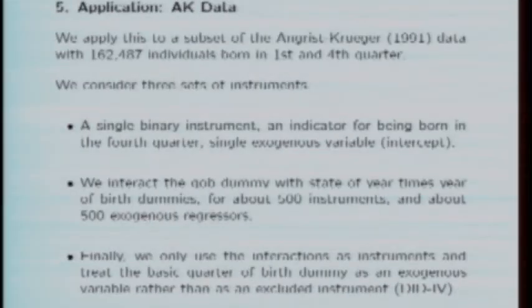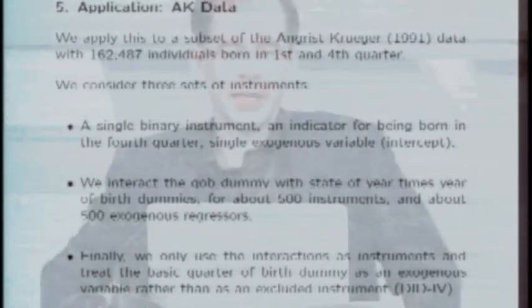Let me then finish up by looking at what this does in the Angrist-Krueger data set. So here we take a subset of this data with people born in the first and fourth quarter, and we look at 3 sets of instruments. Single binary instrument with a single exogenous variable.